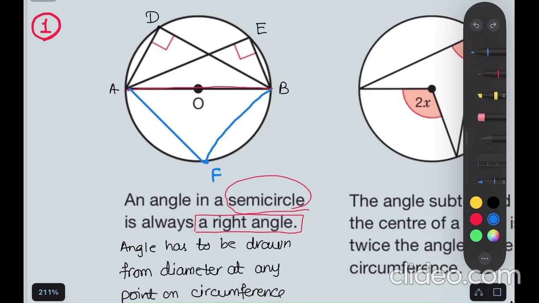So these two angles will always be equal to 90 degrees. So if I join this with this like this, again these 2 points will make an angle of 90 degrees. So that's the concept of the first theorem, that the angle formed inside a semicircle is always equal to 90 degrees, right? Now moving on towards the next theorem.